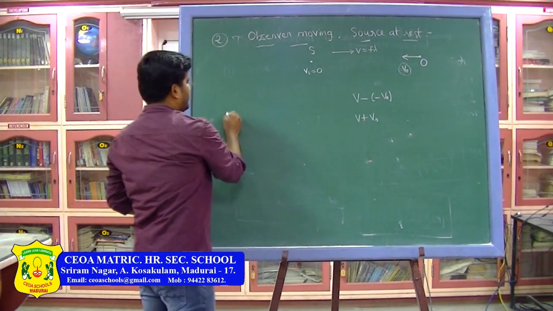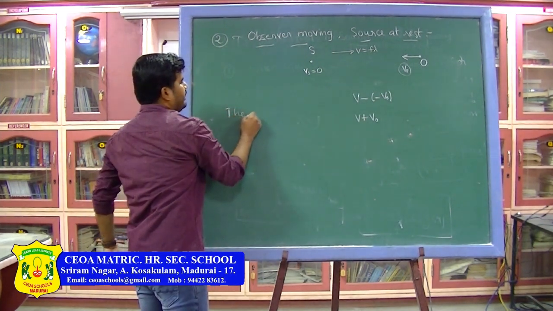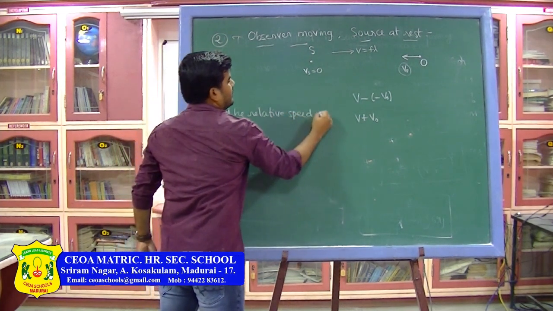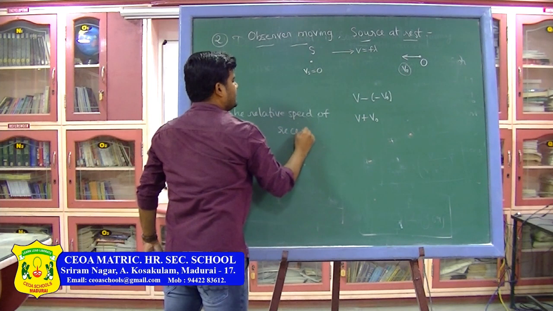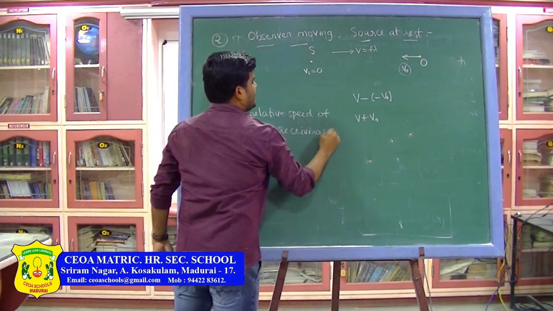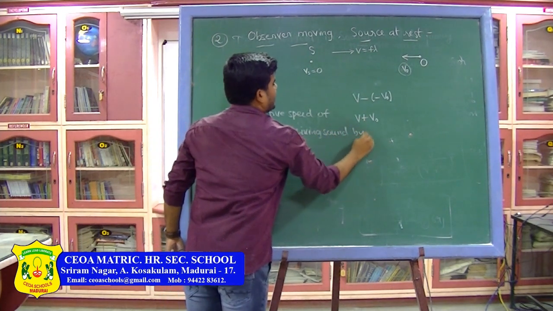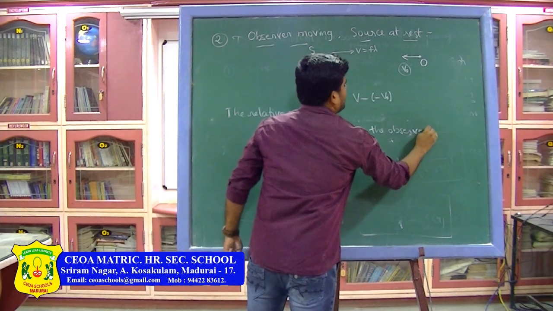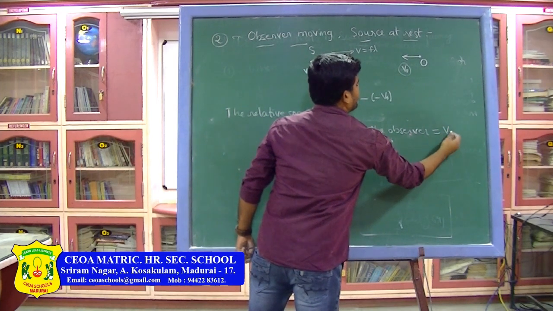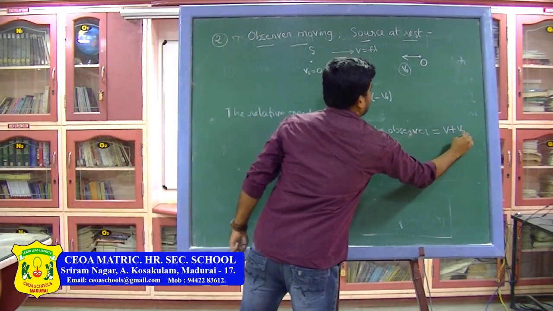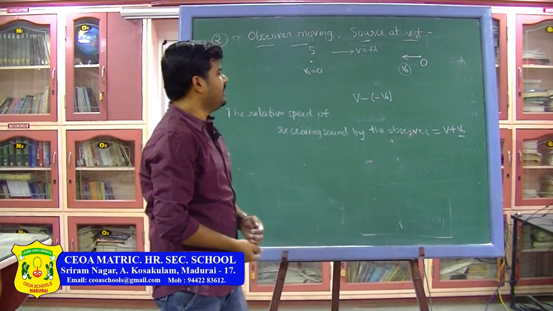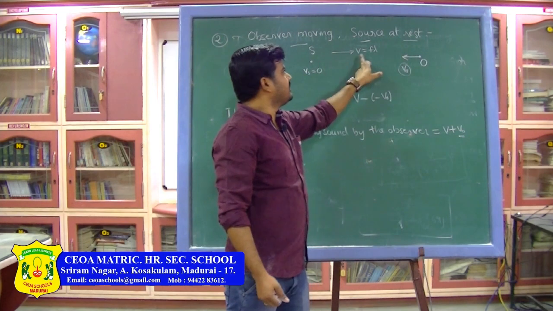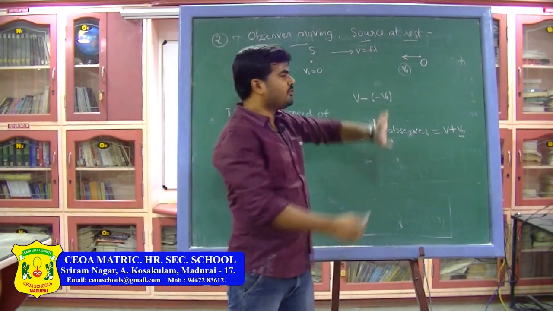So let me write clearly: the relative speed of receiving sound by the observer is equal to V minus of minus V naught, that is V plus V naught. If he is at rest, he receives the waves with a speed V, the actual speed of sound, which means there is no Doppler effect.